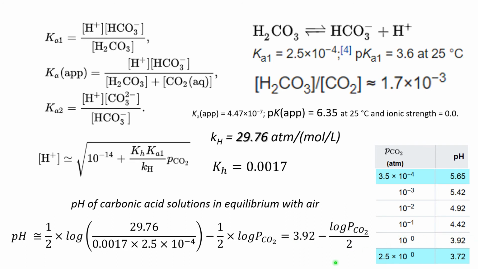With carbonated drink you may have higher concentrations of CO2, so your pH can go as low as 3.7. If you have natural concentration of CO2 in air, somewhere between 3.5 and 4 times 10 to the negative 4, your pH will be in the vicinity of 5.6.